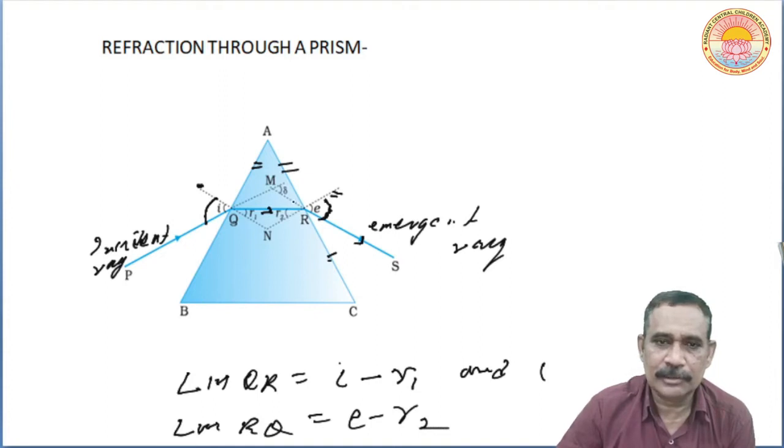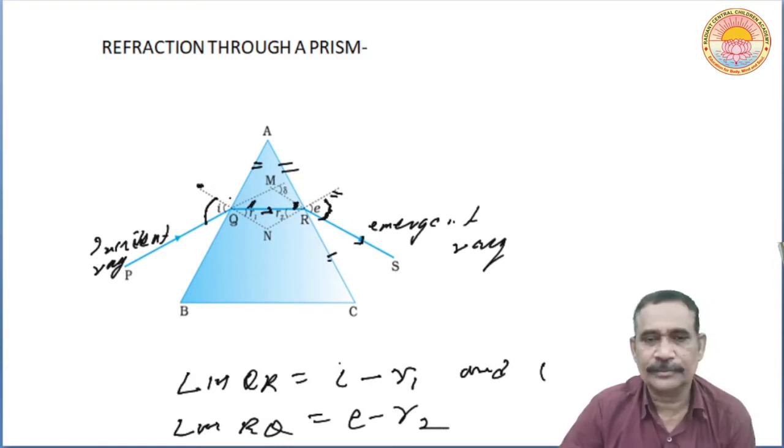This is R2, so this angle equals E minus R2, and this angle equals I minus R1.